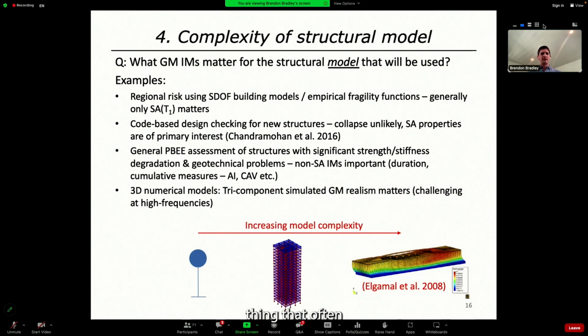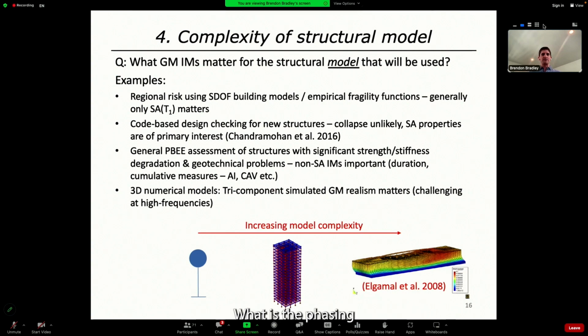The last thing that often doesn't get as much attention as it should, because in a research environment we often deal with seismic response models in 2 dimensions, particularly in structural engineering, as opposed to commercial engineering practice where 3-dimensional models are much more common, is the adequacy of the tri-component nature of the simulated ground motion.